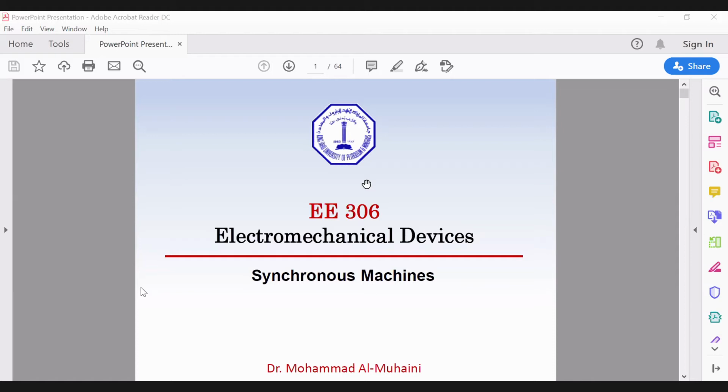AC or DC? It's AC. It's alternating, if you remember the discussion at the beginning of the chapter. But using the combination of commutators and the brushes, they only collect one side of the voltage. So across the brushes is DC, but across the armature terminals is AC. That's it. This is basically the DC generator.